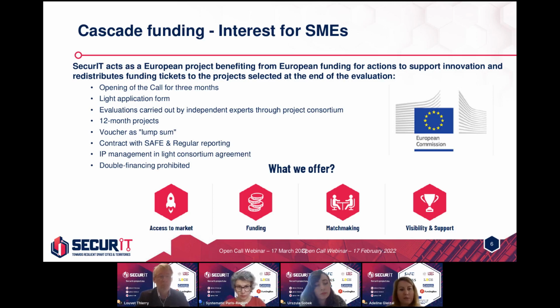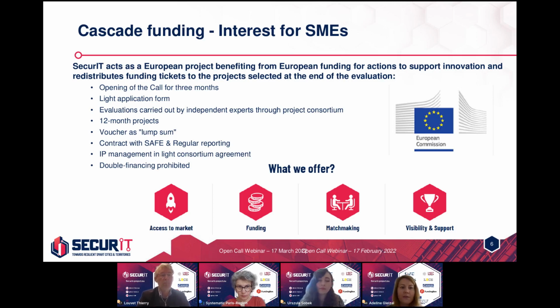To get a funding voucher, you submit a light application form, like 10 or 15 pages, no more. The evaluations of your proposal are carried out by independent and experienced experts. Then you will enter into a 12-month support program to develop your 12-month project.